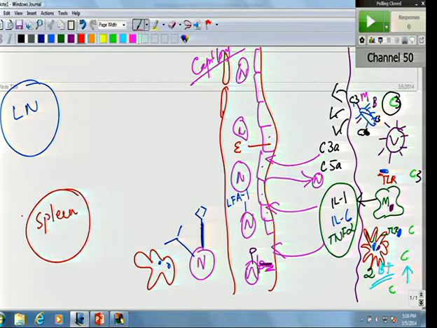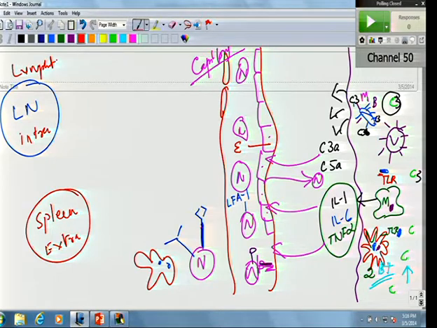Okay, so if this antigen was an extracellular antigen, most likely it would go to the spleen. The extracellular antigens will go to the spleen, and most of the intracellular will go to the lymph node, because the lymphatics will drain it.